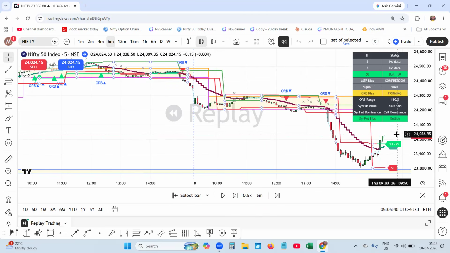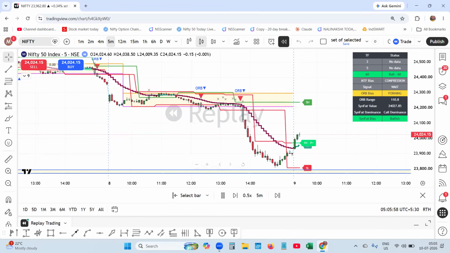So it is bullish and synthetic future is telling 24,027 and the price was 24,024. The call dominance it is saying. You can instantly make out. Let me start playing this one. Just watch carefully. ORB range, it is updating 134.